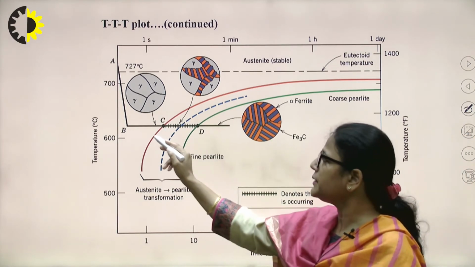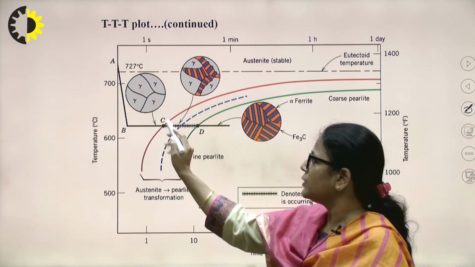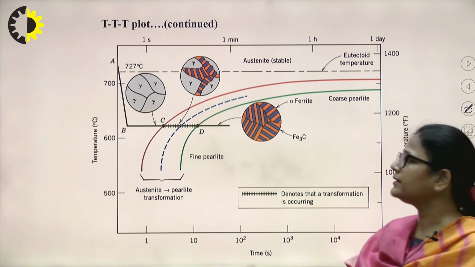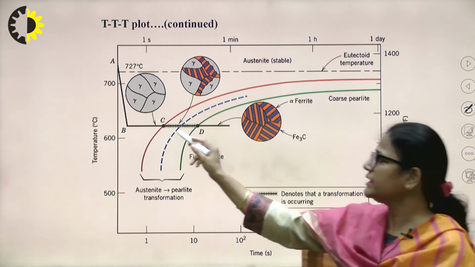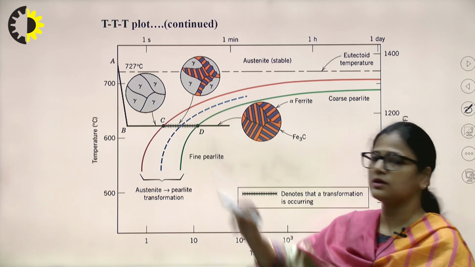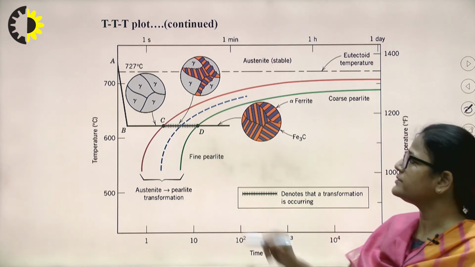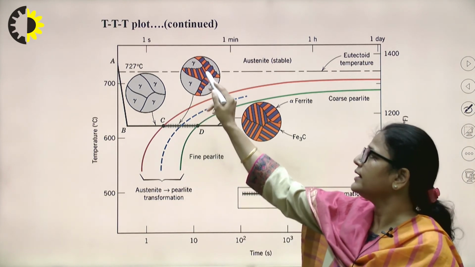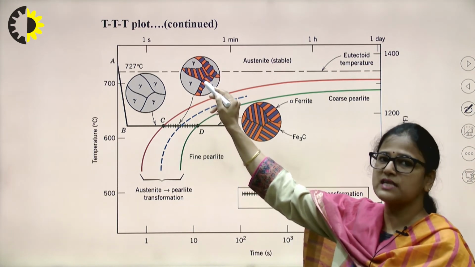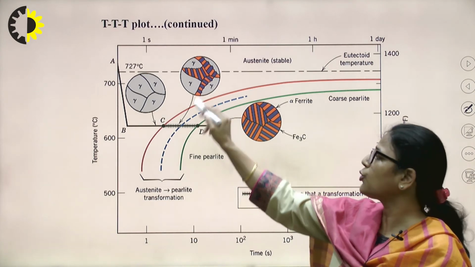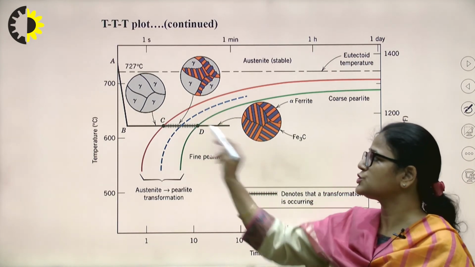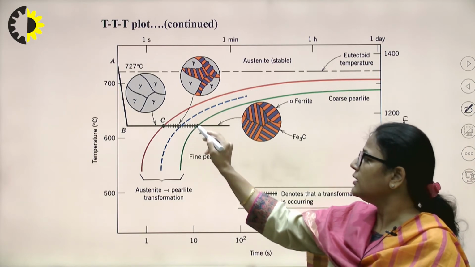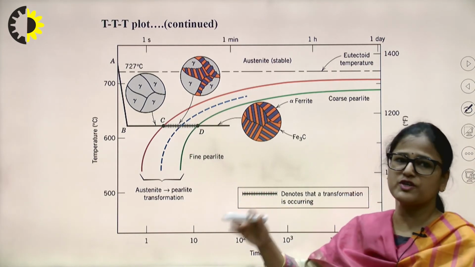We can see here that on the left side of the red curve, only austenite grains are present, and in between these two curves, both the constituents, gamma austenite and the alternate layers of ferrite and cementite, meaning pearlite, will coexist. Both constituents exist in between these two lines.